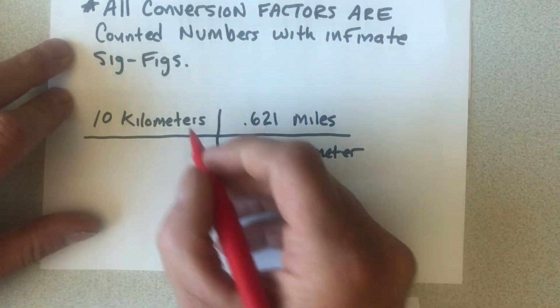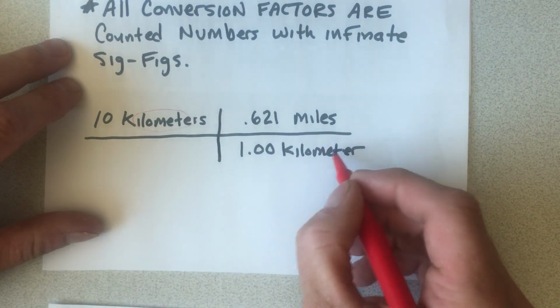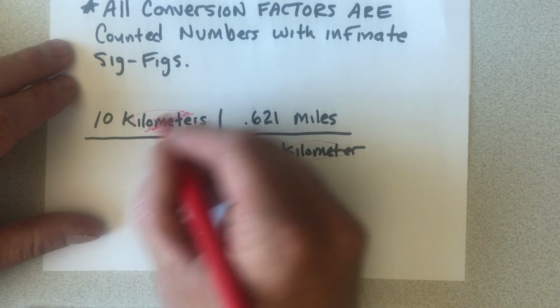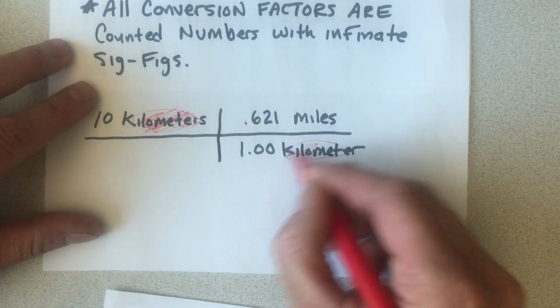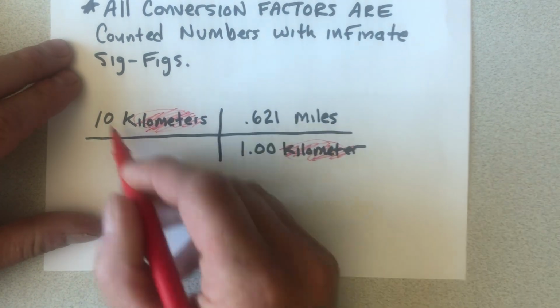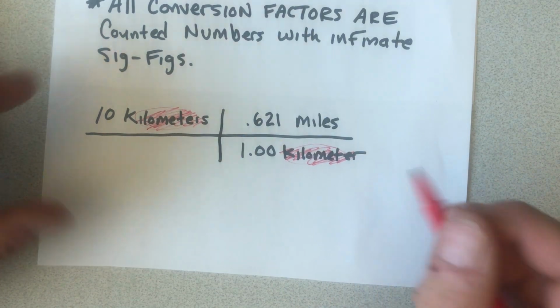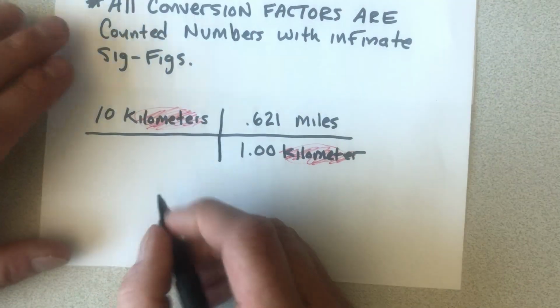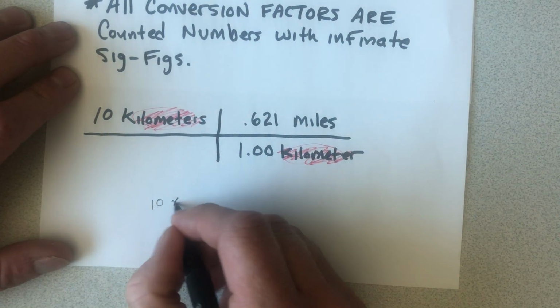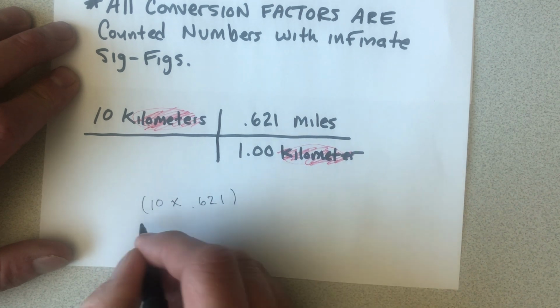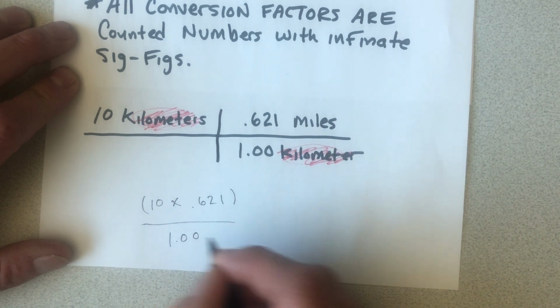When you have the same unit on top and bottom, like the kilometers here, you can just cross those off. They go away. Leave the numbers in place, obviously, but the unit gets canceled out. At this point, what you're really looking at is 10 times 0.621, all divided by 1.